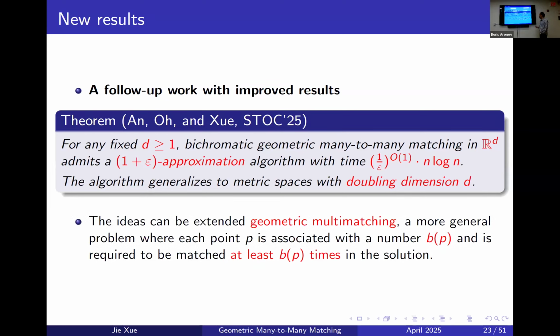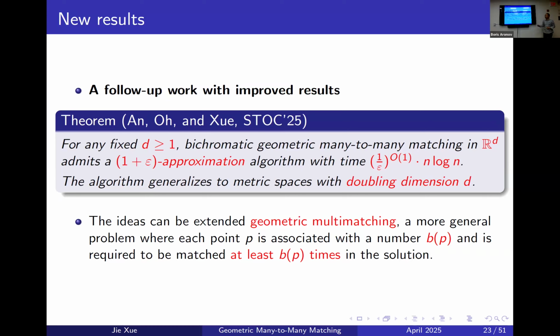Also, this result extends to a more general geometric matching problem where you compute a many-to-many matching, and there is another constraint saying that each vertex P must be matched at least some number of times.